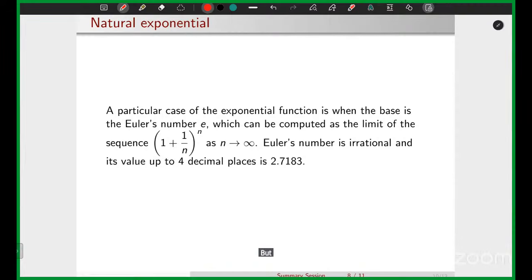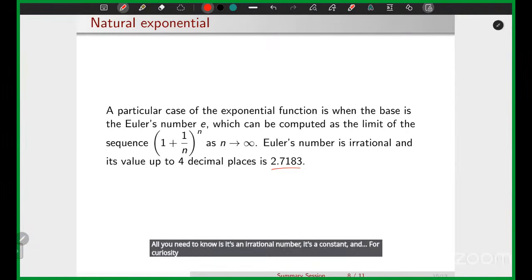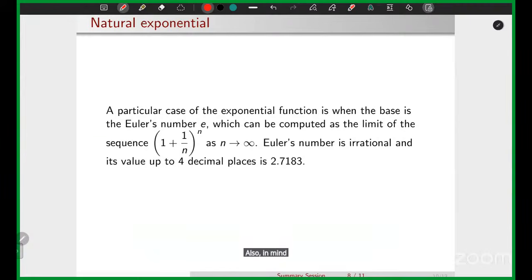But it is an important constant. All you need to know is it's an irrational number. It's a constant, and for curiosity, you can keep this also in mind that it is some irrational number between 2.7 and 2.72.